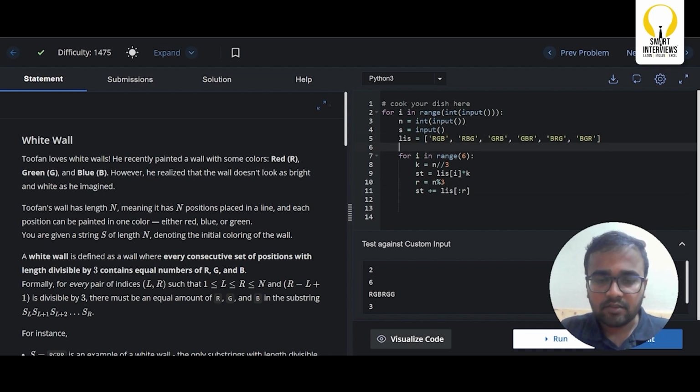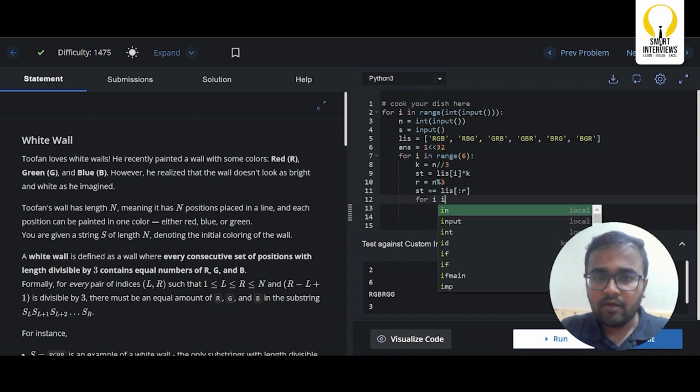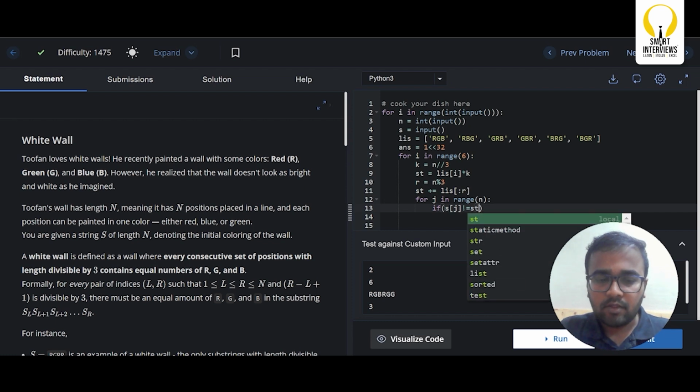So for that, let us initialize your answer with some maximum value, since you are finding the minimum value. Now find the number of operations. So for that, you iterate on the given string, which is of size n. Now your given string is of size n and the generated string is also of size n. Now compare. If s of j is not equal to the generated string of j, take the count.